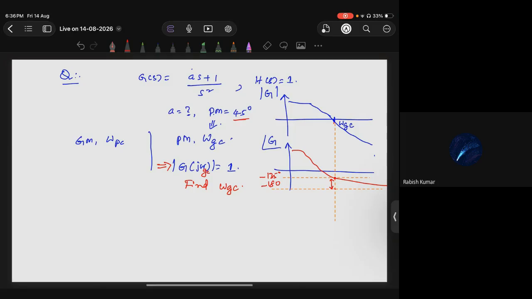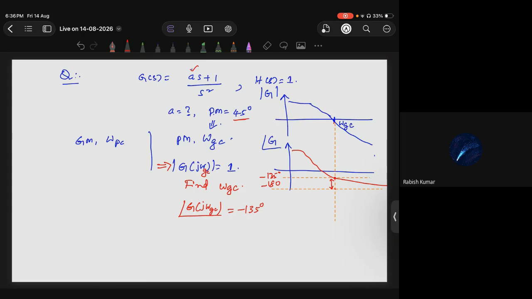Now do it like this. What is this angle? This angle has this A, right? You already know omega gc. The phase at omega gc is equivalent to minus 135, and you will get the A value.